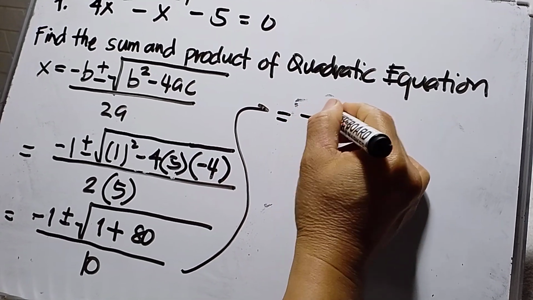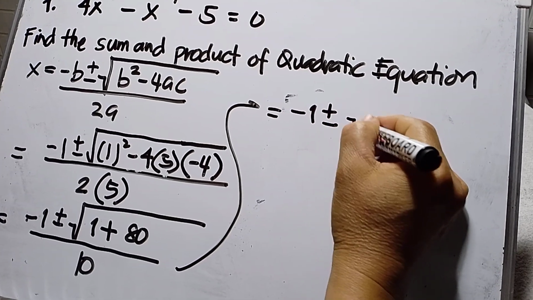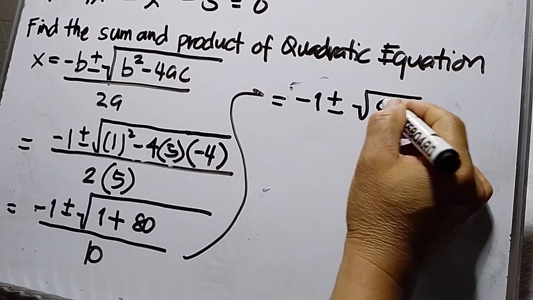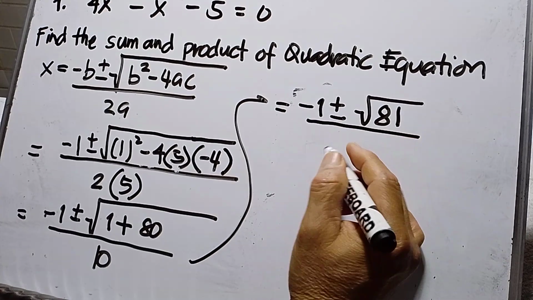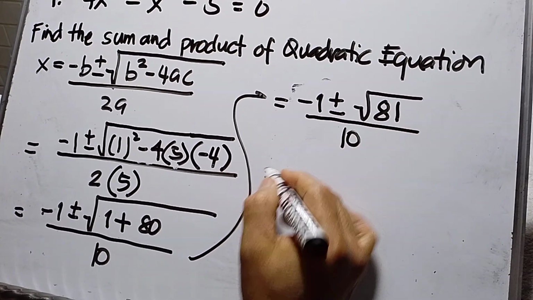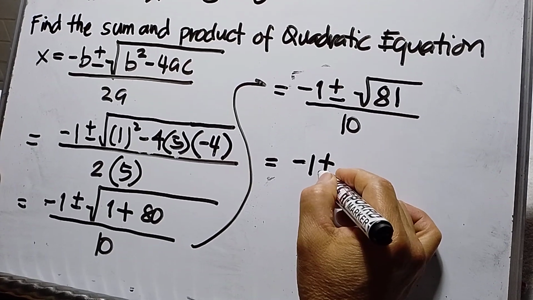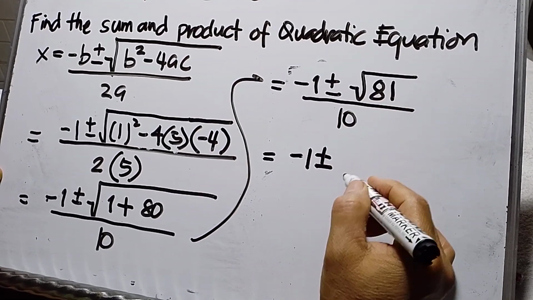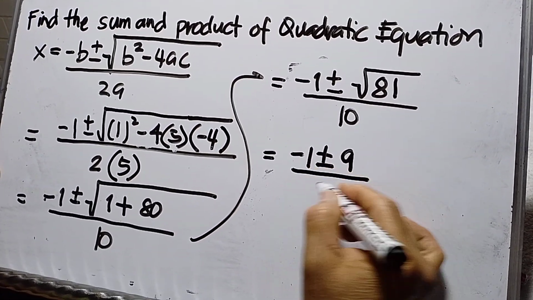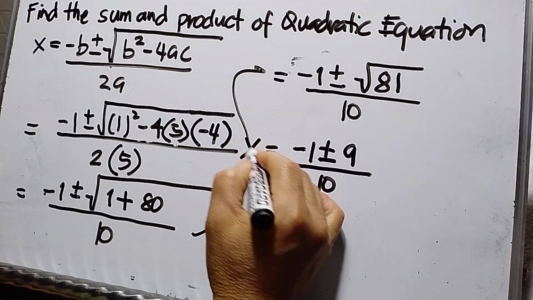So negative 1 plus and minus the square root of 1 plus 80, which is 81, over 10. The square root of 81 is 9, so this is over 10.